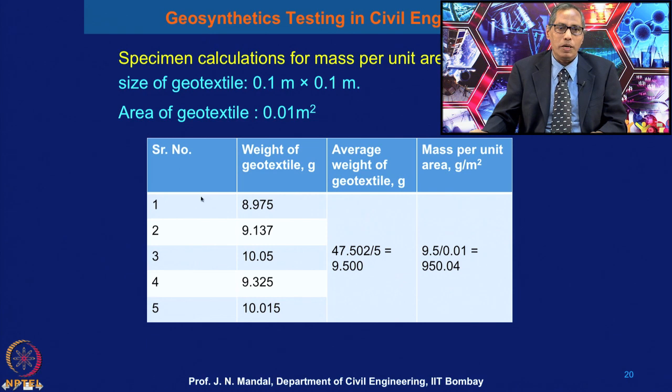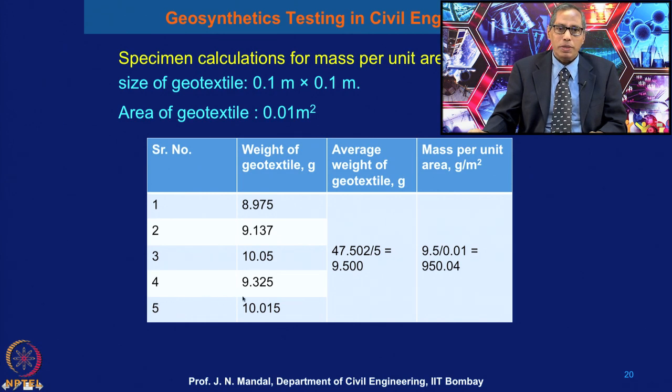You note down serial numbers 1, 2, 3, 4, 5 for the tests, and measure the weight of the geotextile in grams. In the first test the weight of the geotextile is 8.975 gram. Next test, 9.137 gram. Third test, 10.05 gram.